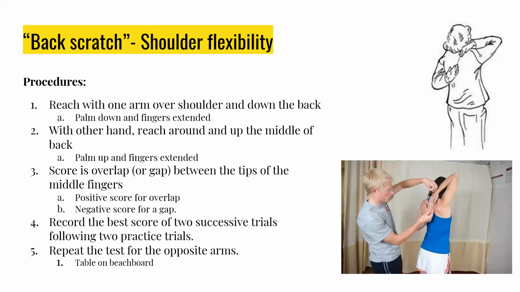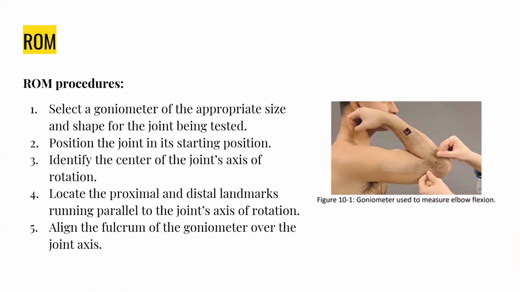So the distance in centimeters, measure this distance. If it's a gap, it's going to be a negative score. And if it's an overlap, you measure the distance and it's going to be a positive score. And so you repeat this for a couple of trials, testing both right and left arms, and you'll record that value on your data sheet.